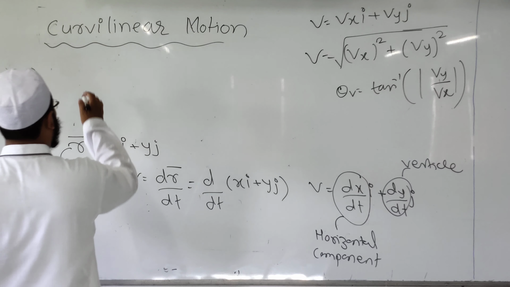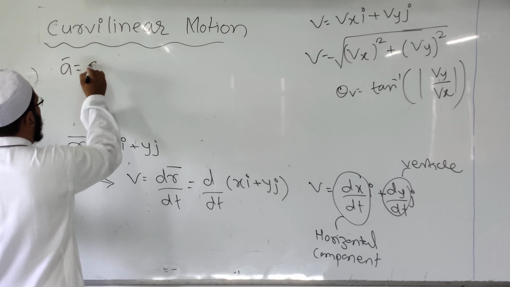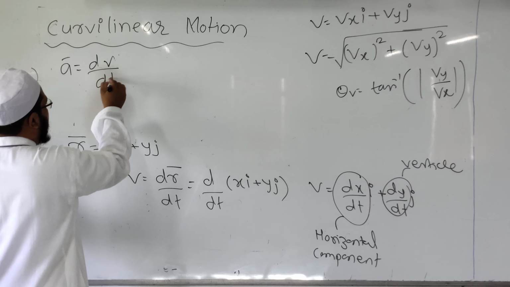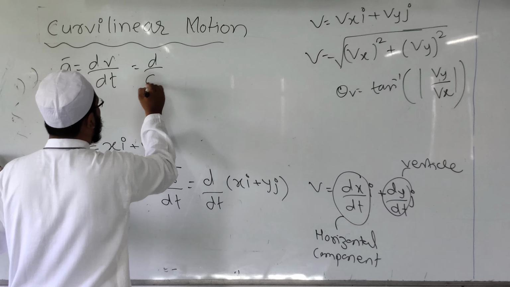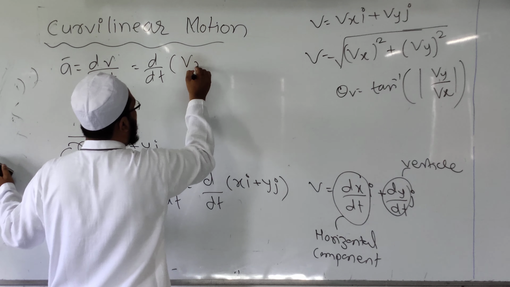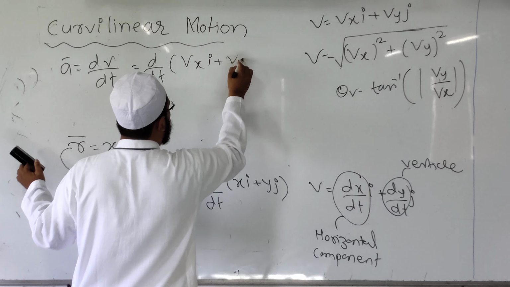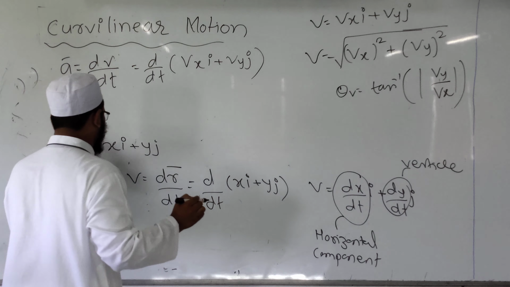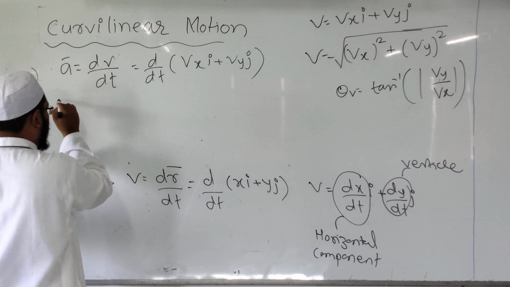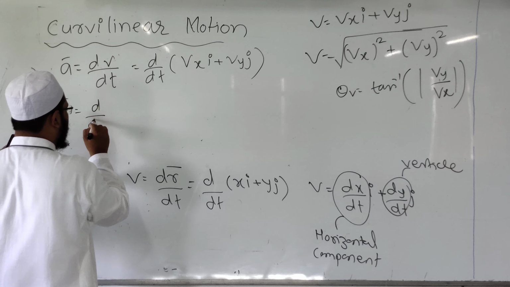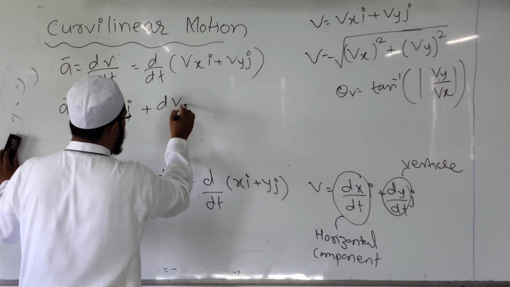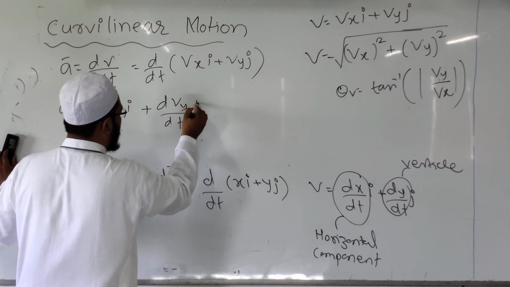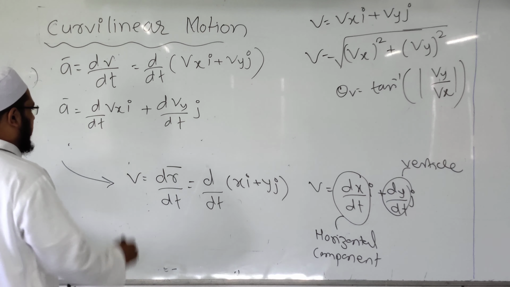Similarly, if I require acceleration a bar, it is the rate of change of velocity, dv by dt. V is vxi plus vyj. Therefore, we will expand it: dvx by dt of i plus dvy by dt of j. What is this?